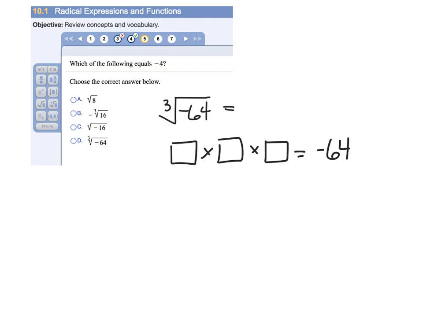When you start thinking about values, if you put in negative 4 times negative 4 times negative 4, sure enough, you get negative 64. So that is our answer.